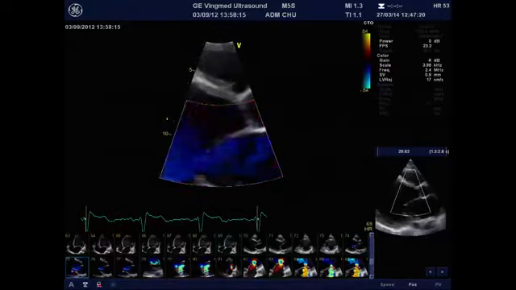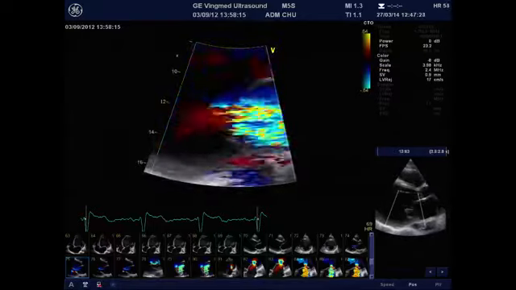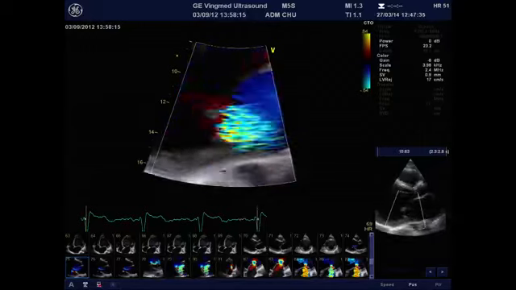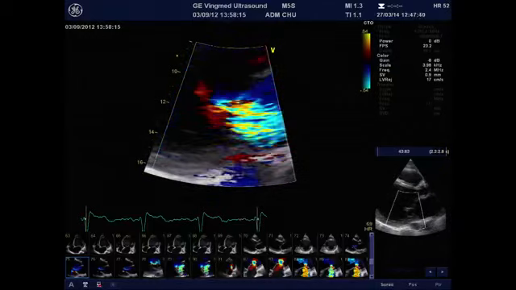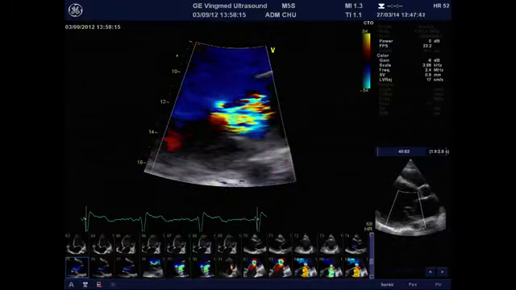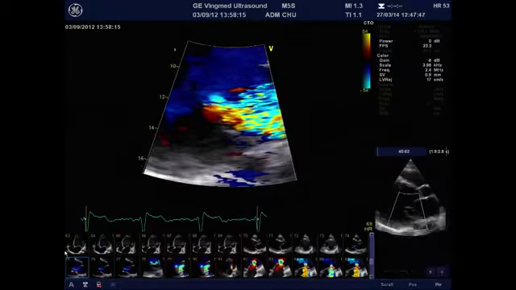And you can even zoom a bit more, because what is important when you try to look at the vena contracta, and you know the vena contracta is the narrowest portion of the regurgitant jet, just downstream of the regurgitant orifice, is to get the three components of the regurgitant orifice. And just to show you what is important is this. You have these three components here. You have the convergence zone, the vena contracta, and the extension into the left atrium of the jet.